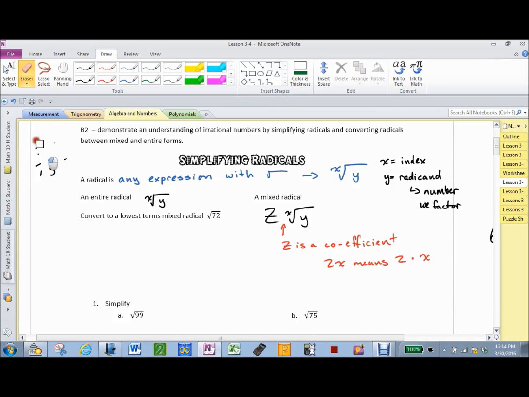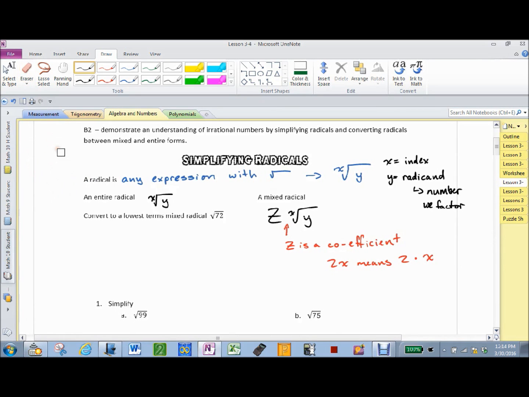All right. So here's what we're going to do. Remember how in the first unit we started using pi as a symbol, and we stopped using 3.14, right? Up until grade 10, if you were faced with the square root of 72, what is the only thing you would do with that?